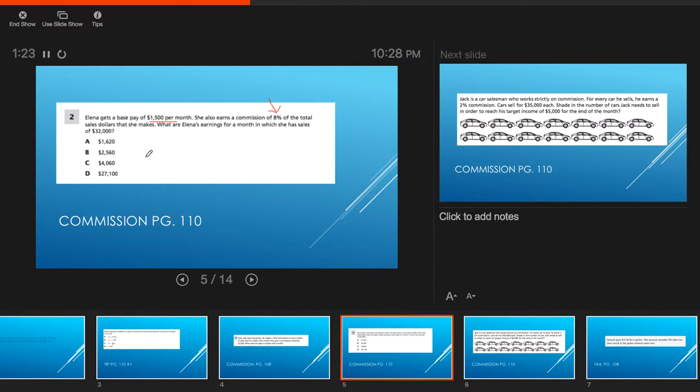So when we're looking at the amount she sells, we want to do 8%, and we can change it to a decimal. So you would do 8 over 100, and that will give you 0.08, okay? If you did 8 divided by 100, you will get 0.08.